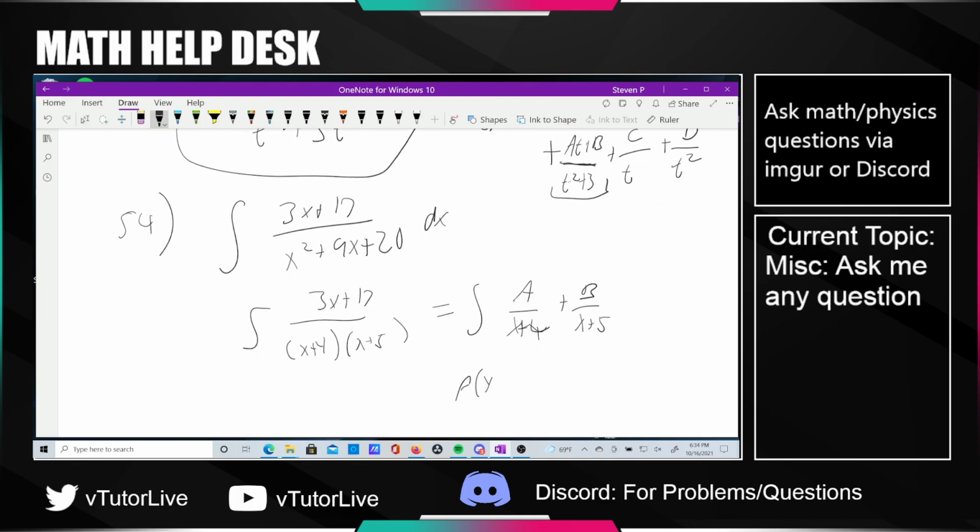And the idea here is that a times x plus 5 plus b times x plus 4 has to be equal to 3x plus 17, just like the other examples we did, right?